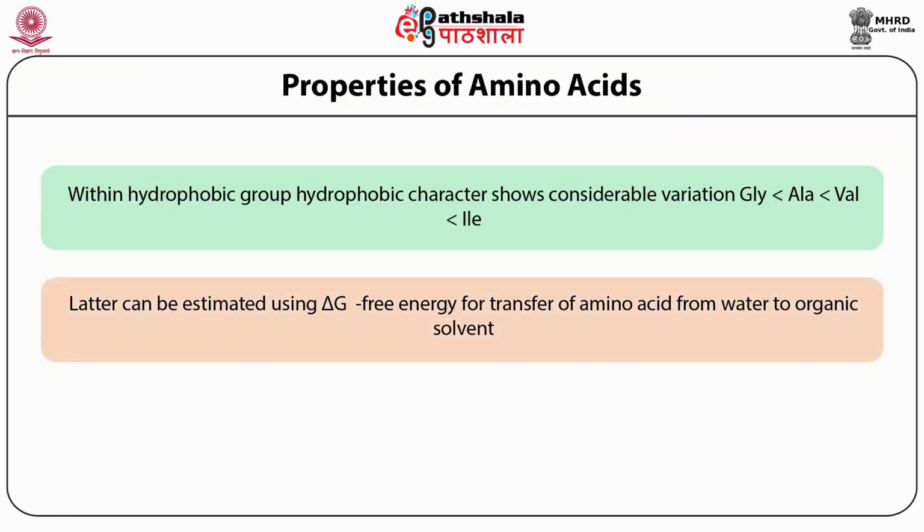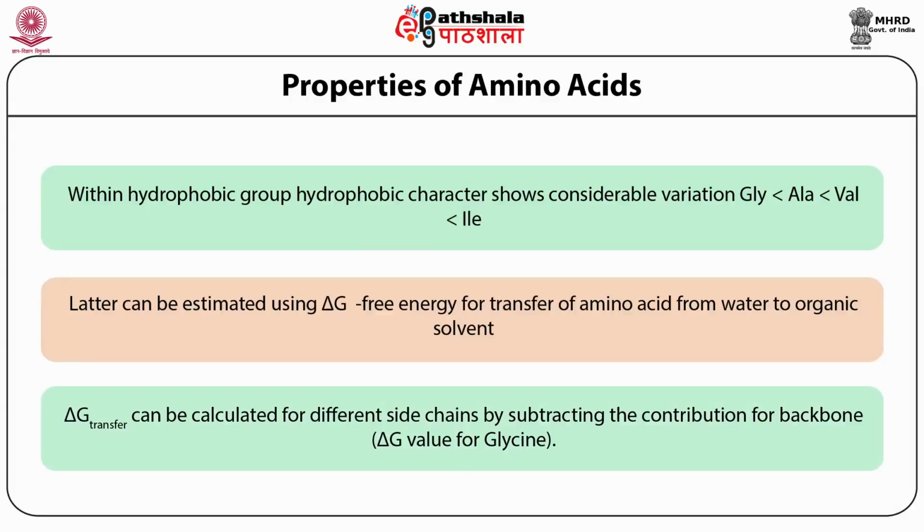One can estimate the hydrophobicity of an amino acid using delta G, the free energy for transfer of an amino acid from water to organic solvent. It is called delta G transfer.